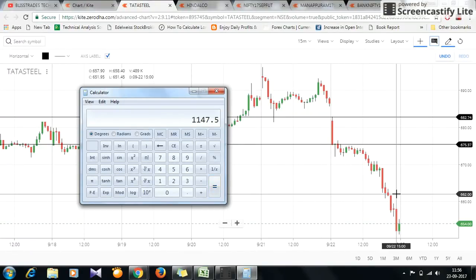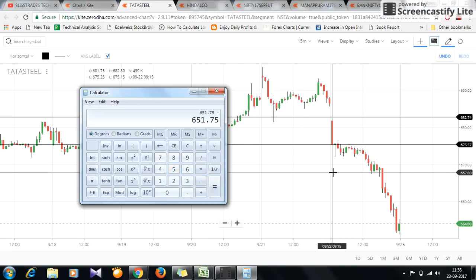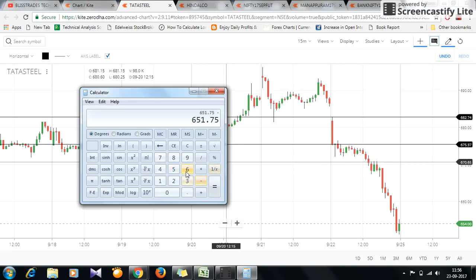So 3 p.m. close was 651.75. 651.75 minus, I started at 675.25, that's around 23 points, and my shares were 150. So I can make 3525 and I have risked 1147. So again, this was a 1 is to 3 trade.